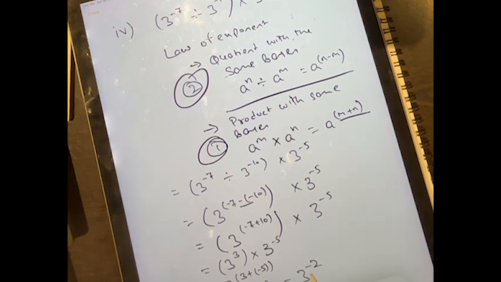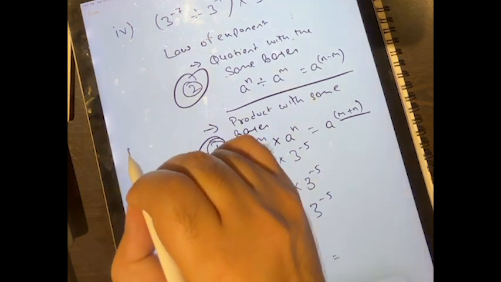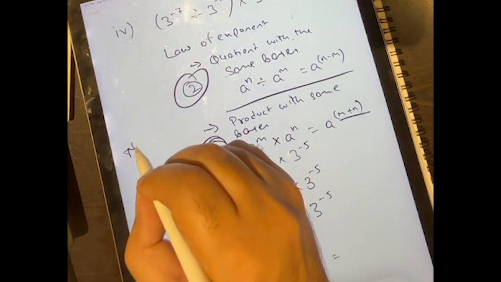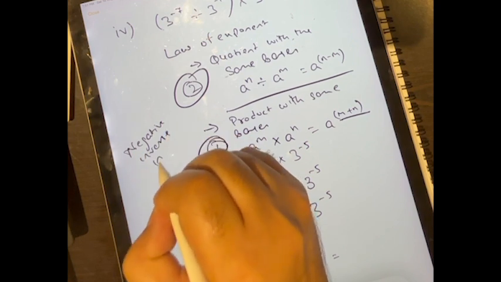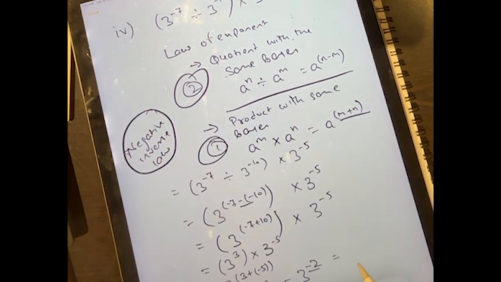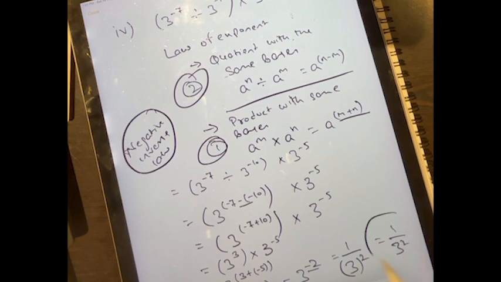Given we have the negative exponent right now, we will convert this into a positive exponent by applying the negative inverse law. This will become 1 by 3 raised to the power of 2, which is your answer.